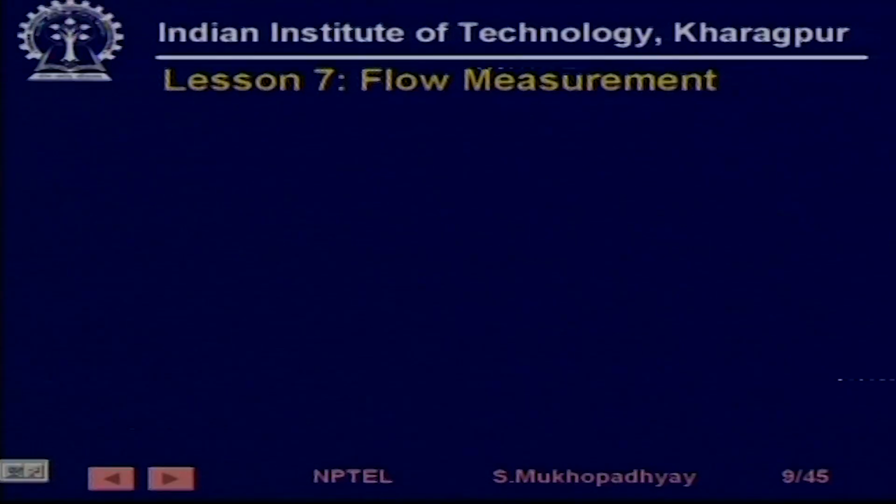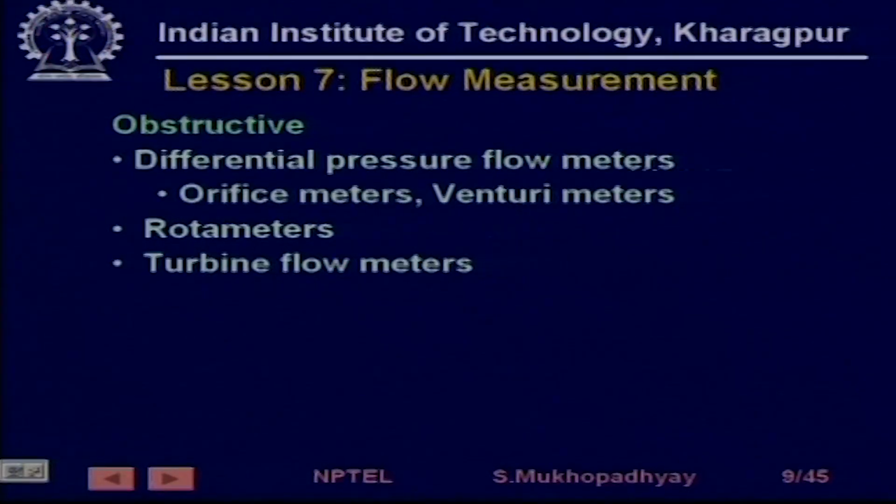Then we took a look at flow measurement. Flow is one of the most widely measured and controlled variables, especially in process industries. For temperature control you have to do flow control, for example steam flow control. For level control you obviously have to do flow control, because level is nothing but flow integrated.